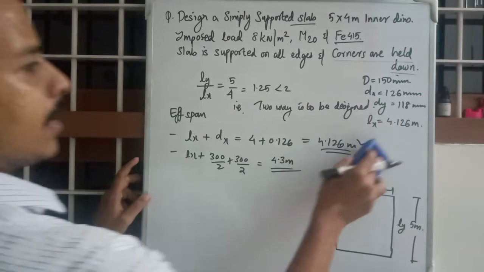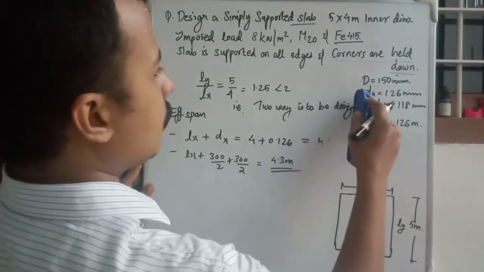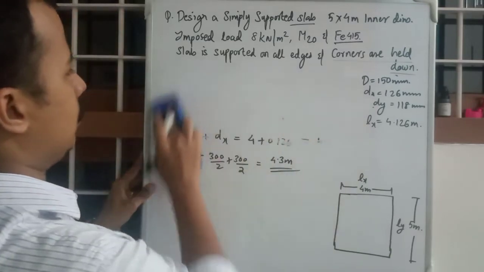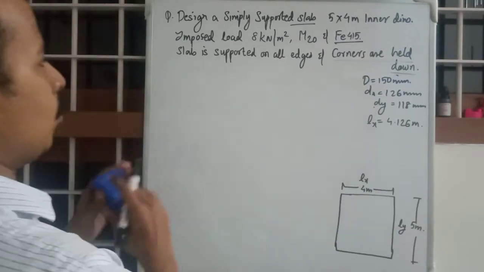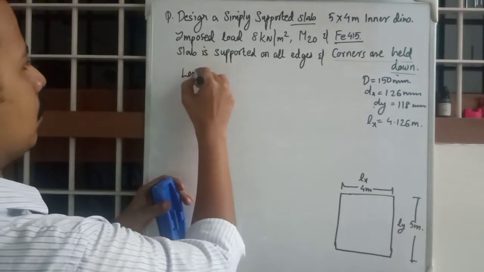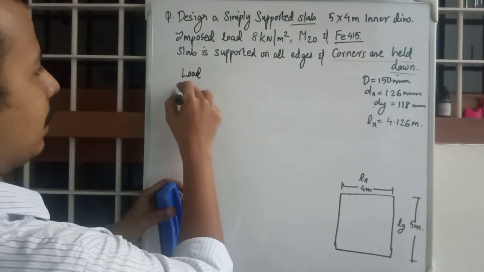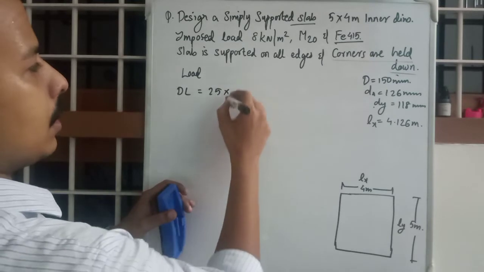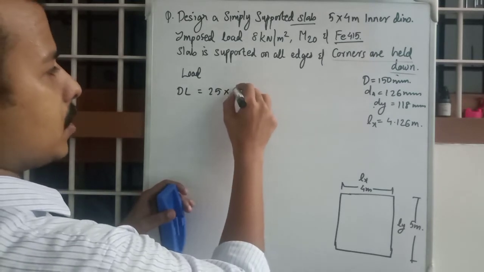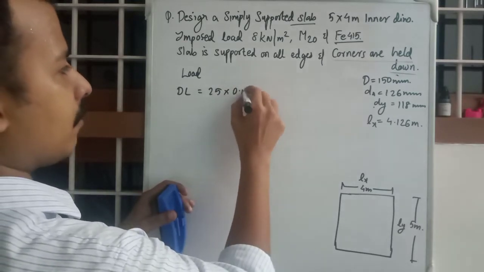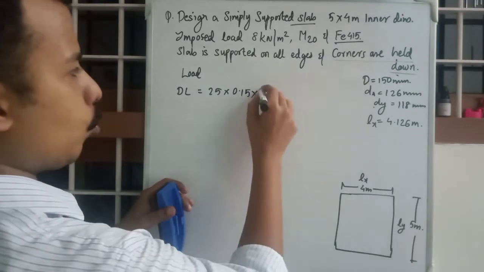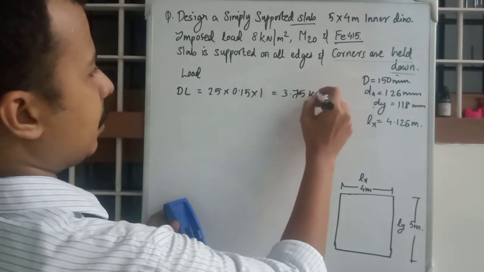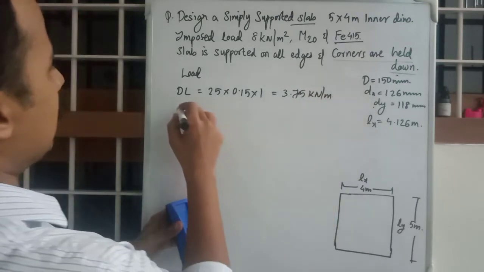Next, the load calculations. The same load calculation is done. Dead load is equal to 25 into depth 0.15, breadth is always 1, then it will be 3.75 kilonewton per meter.